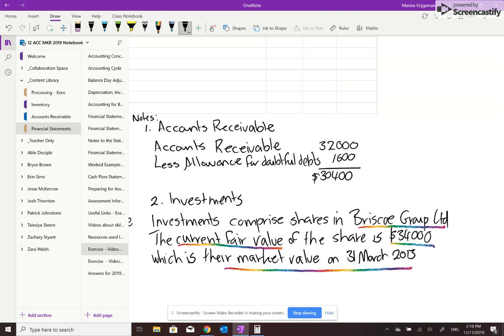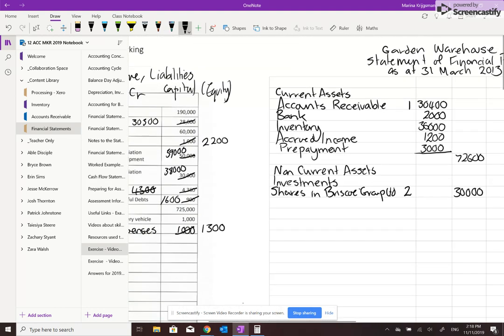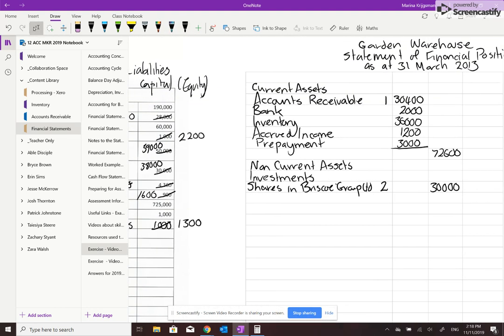Right, now let's go back and do our next one. So our next one is going to be our property, plant and equipment. Now sometimes in the exam this part is separated out and you do the property, plant and equipment note separately.